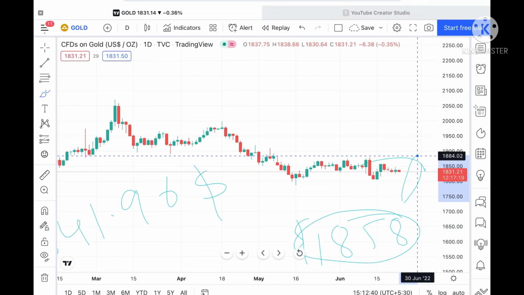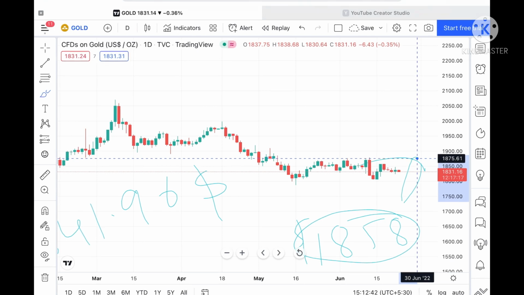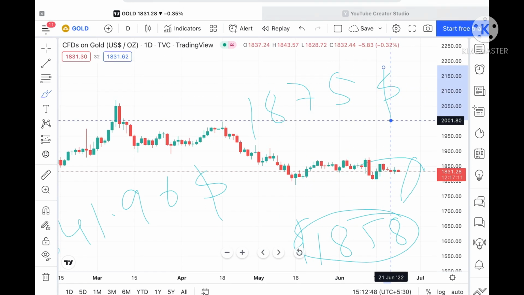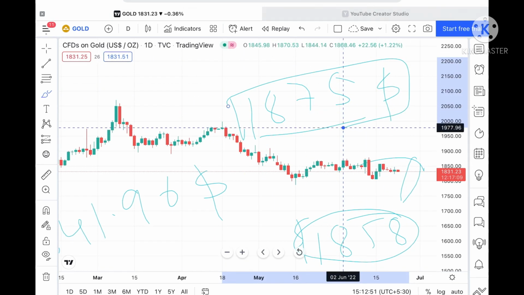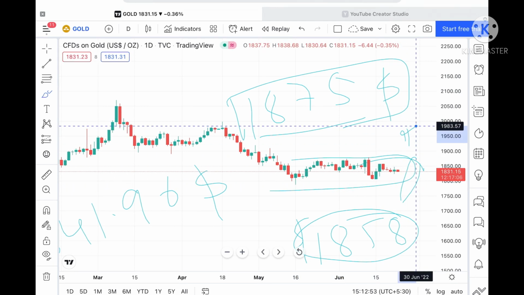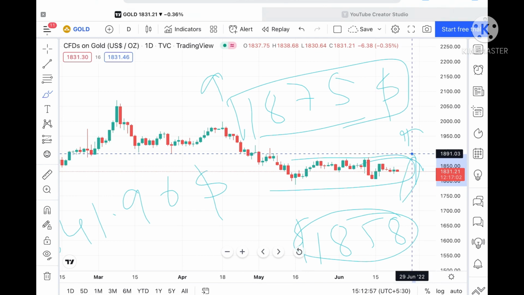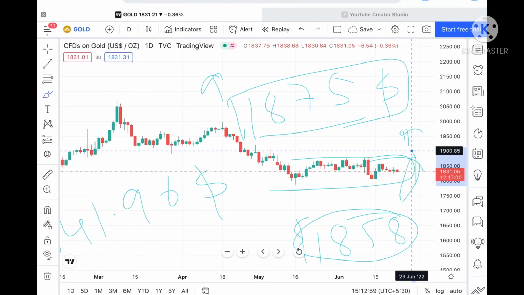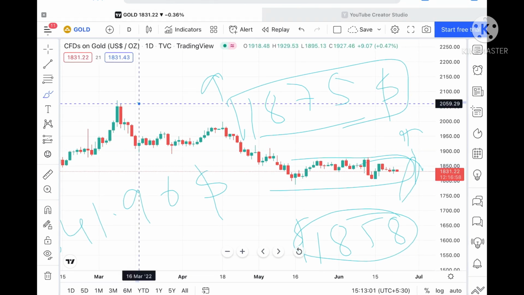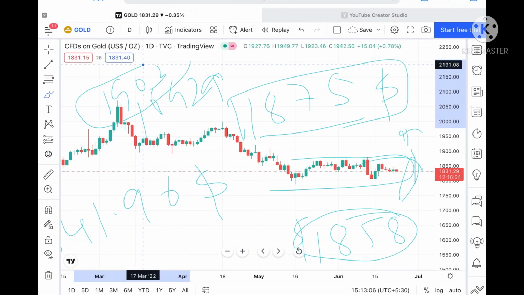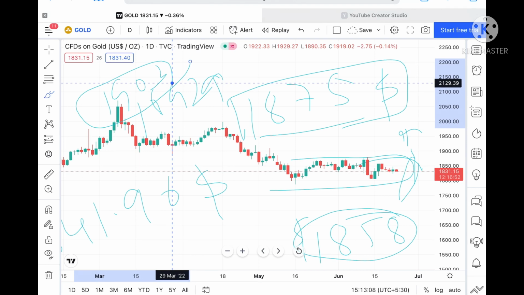Once it goes above 1858 and sustains, there is a probability of touching 1875. If that level goes upside, the range will break upside, and then we can see further upside movement in the price of gold towards a level of 1892, and from there it can cross a level of 1903 also.